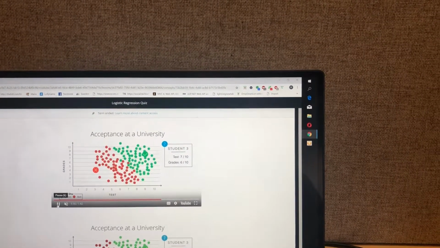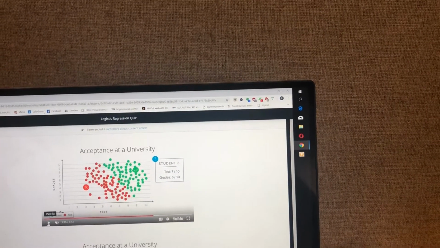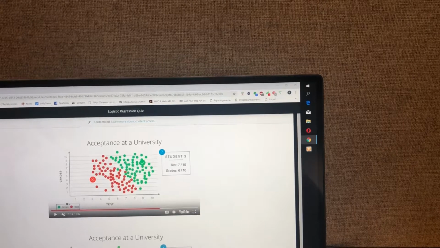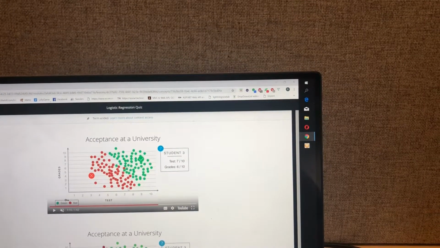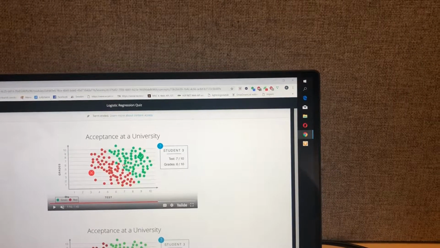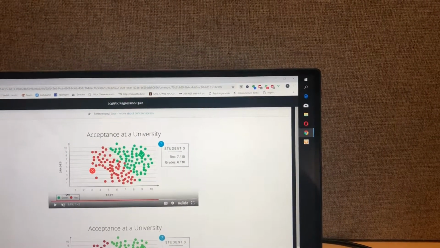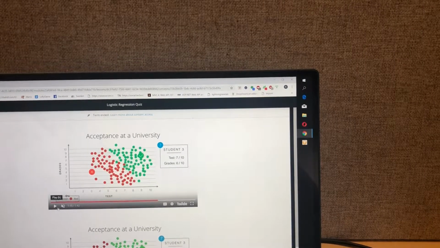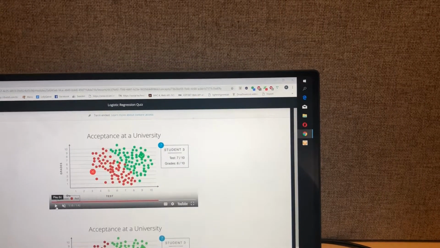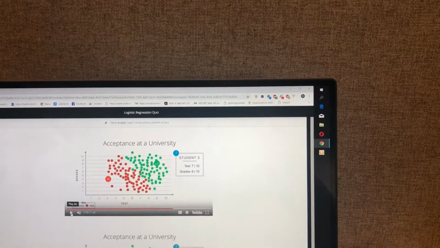So looking at this plot of the data, what do you think? Maybe the screen is not very clear, but I'll try to make your life easy here. So 7 over 10, so go up until the grade 6. So I'm somewhere here, so it looks like this student is accepted based on the trend of the data and from plotting the data of the students that have been previously enrolled, right?